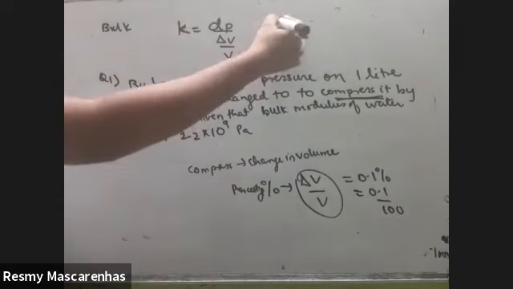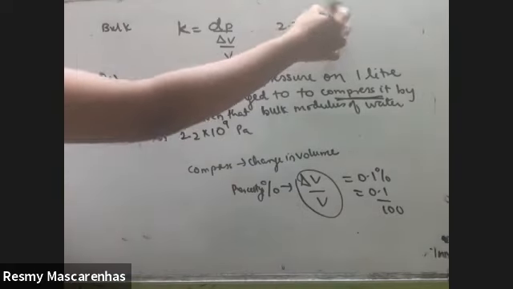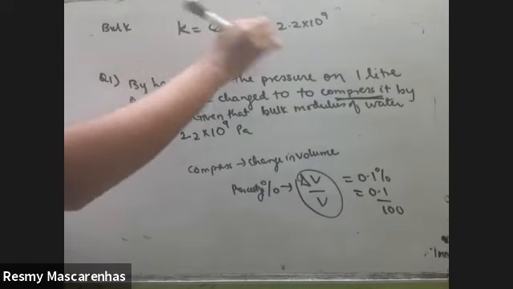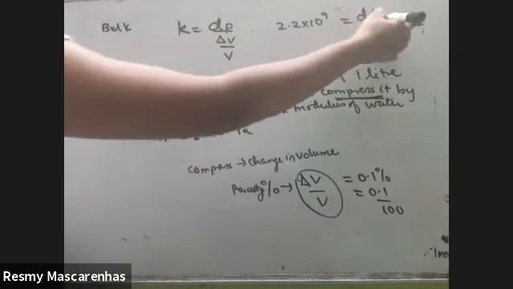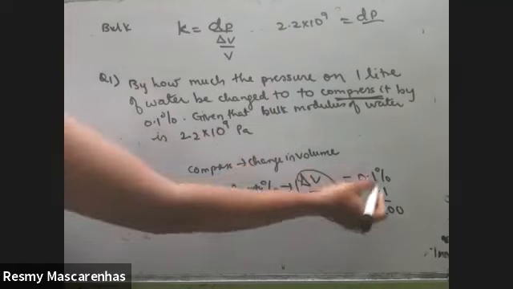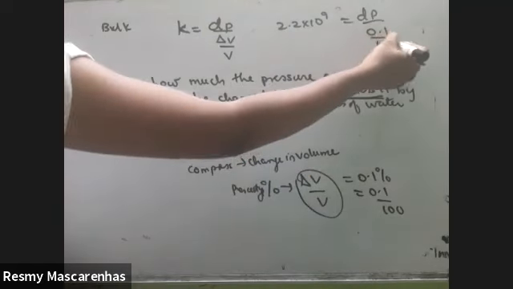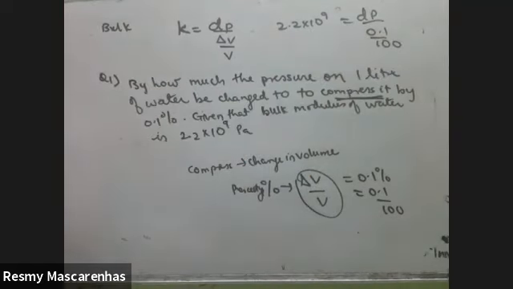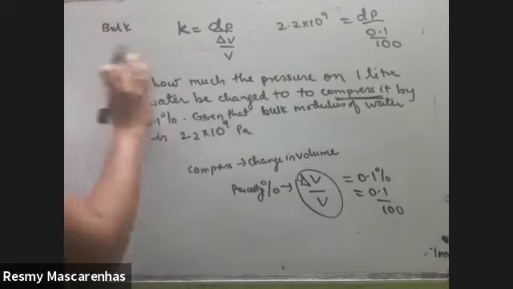So K is given as 2.2 into 10 raised to 9. In this formula, the change in pressure you have to calculate. This is 0.1 upon 100. This whole thing you can take and multiply up.